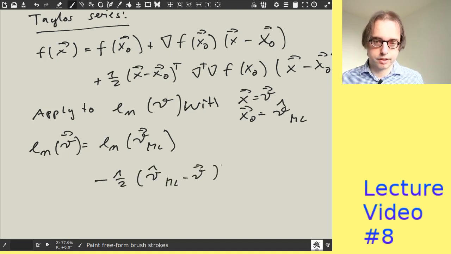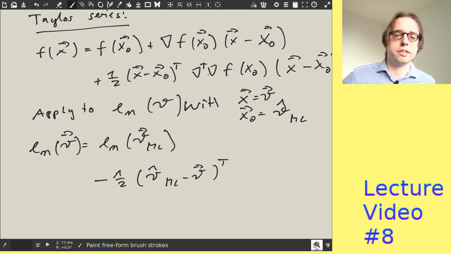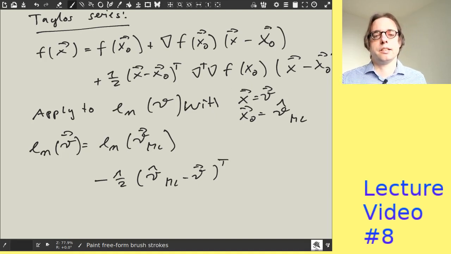So this is exactly what is done here. Instead of the Hessian, we take the negative Hessian, and that's something we already encountered, namely the observed Fisher information.